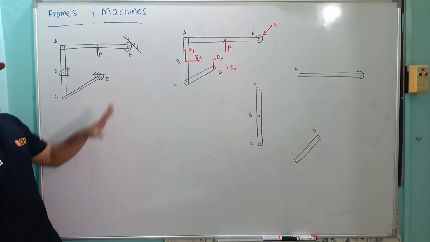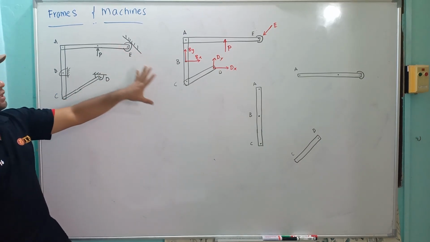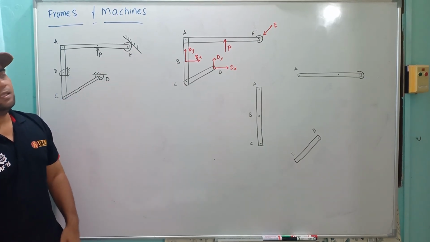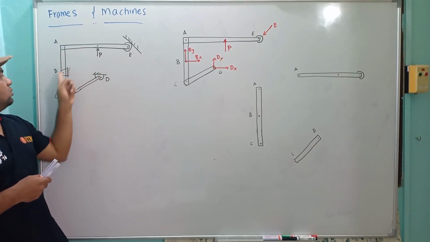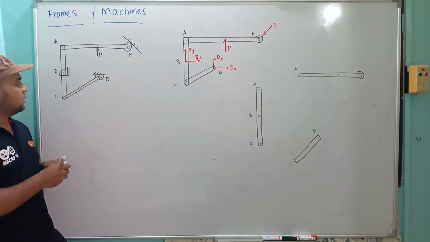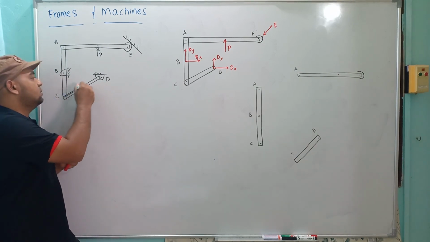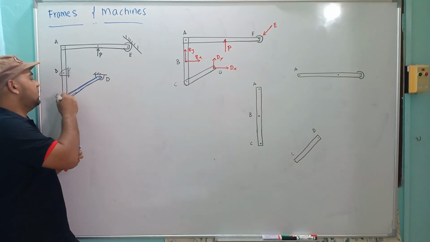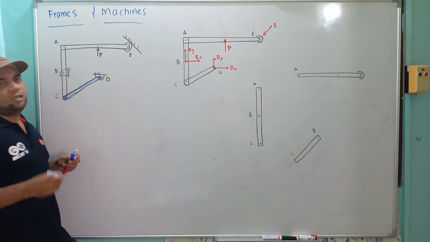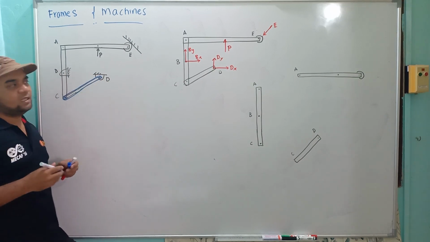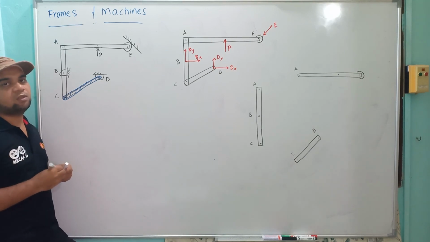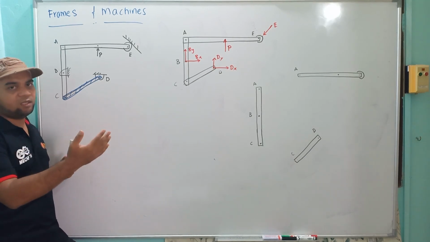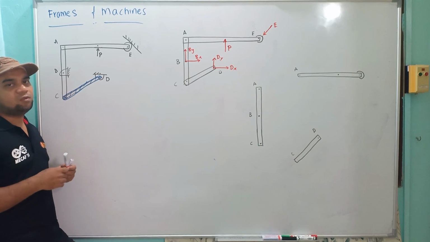Here we didn't identify any two force members, so we put everything in X and Y. If you look at this one, here we have 1, 2, 3 points, but at the last one we have one component that can only exert force at two points, which is at C and D, and this part can be a two force member.